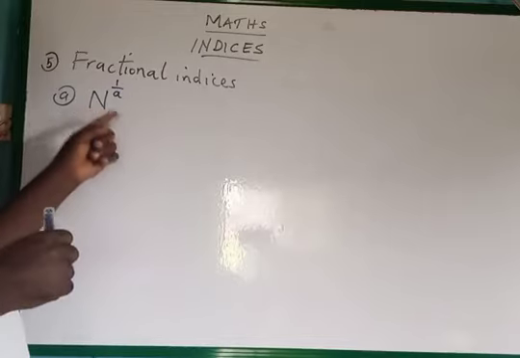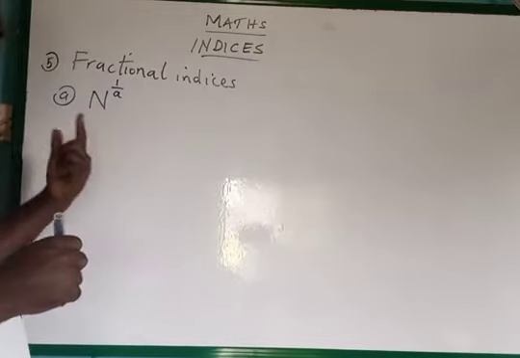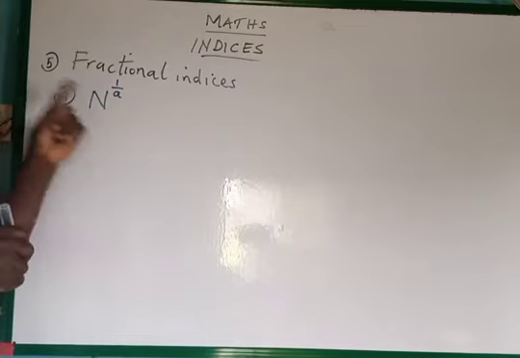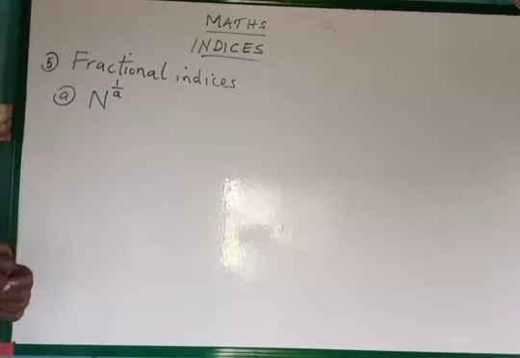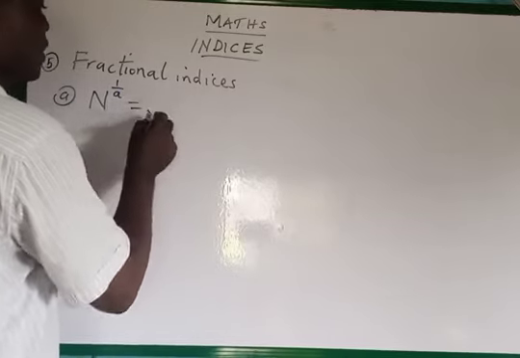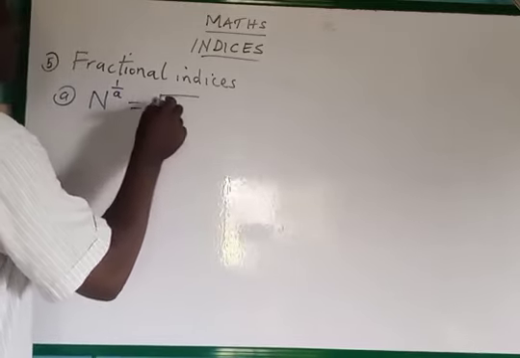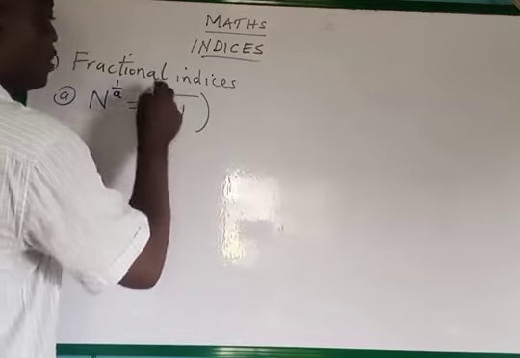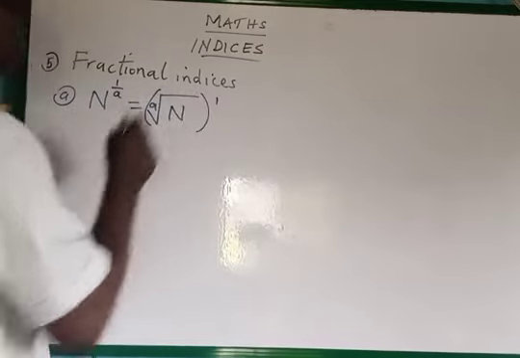Now look at it. The fractional power or the fractional index is 1 over n. So the law says that this is equal to the nth root of a, all raised to the power of the numerator 1.